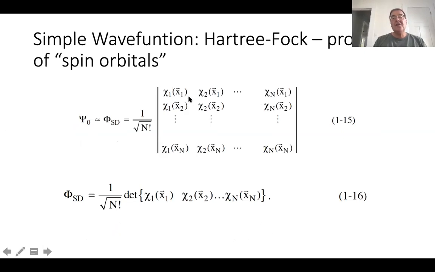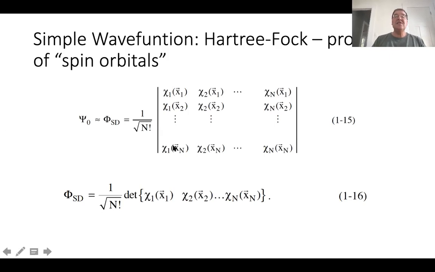So here across that top row, you see electron 1 being placed in orbital 1, 2, 3, 4, up to n. And these are so-called spin orbitals. They have a part that describes the probability amplitude for the electron in space. And then you have another piece that multiplies the spatial part that determines the spin, alpha or beta.